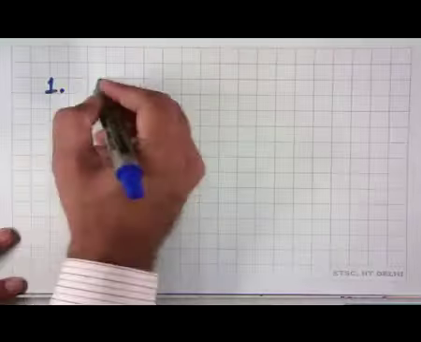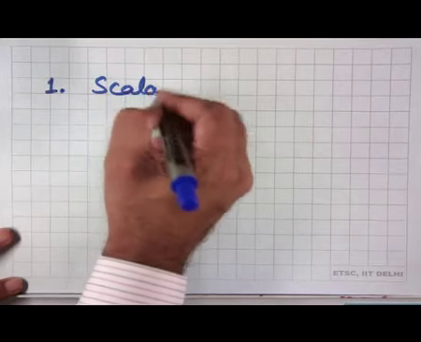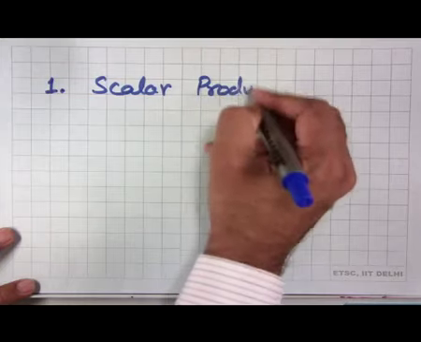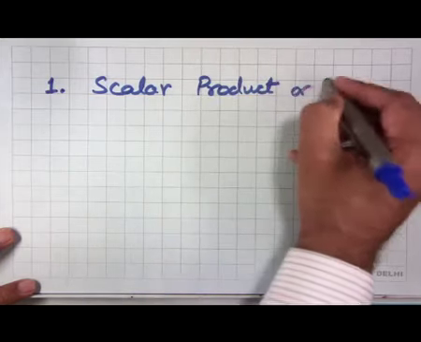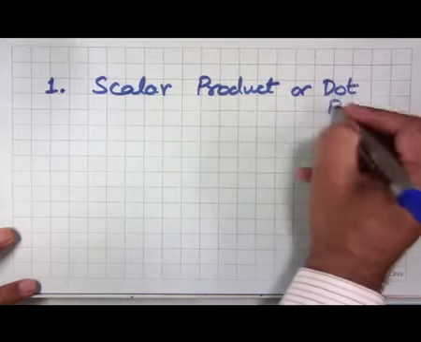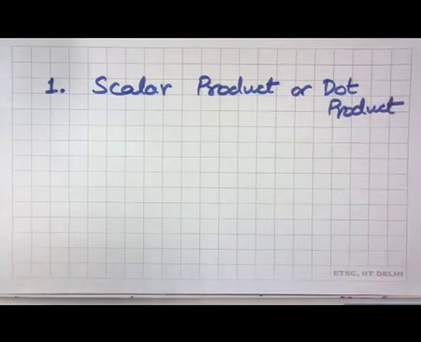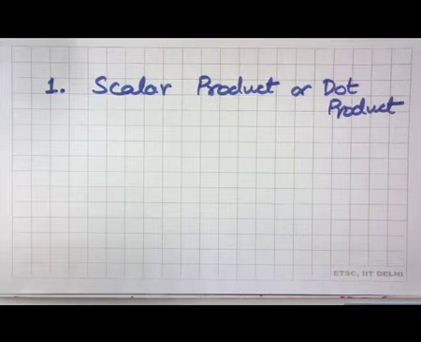The first type of vector product which we define, that is a product of two vectors, we call that as the scalar product, or because we use a symbol dot for this, this is also called the dot product. Now, how do we define this?